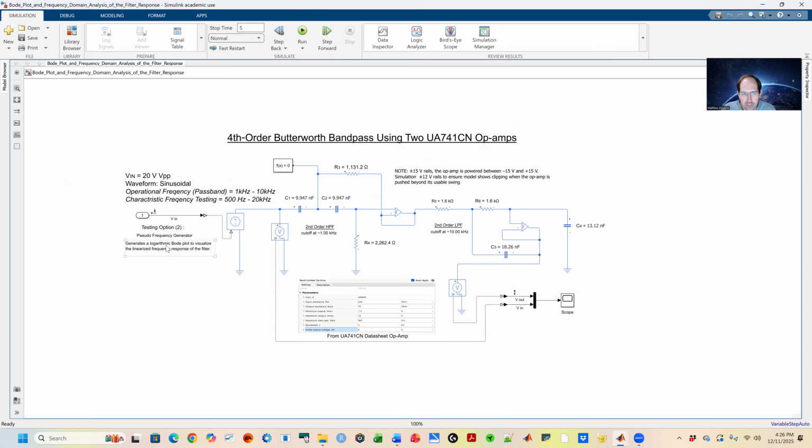This sort of acts like a pseudo frequency generator, and it just cycles through a bunch of frequencies so you can get it done quickly without having to input them individually. It allows me to speed up the analysis of the circuit. So when I'm troubleshooting, it helps a lot, and it also saves you a ton of time.